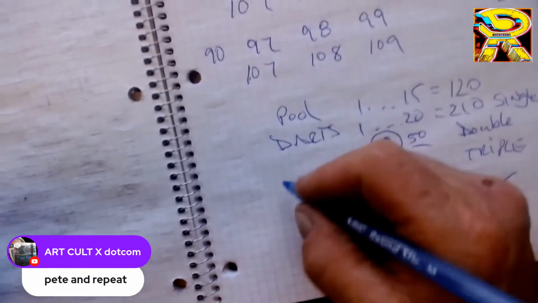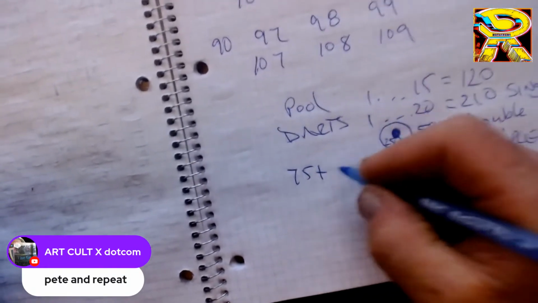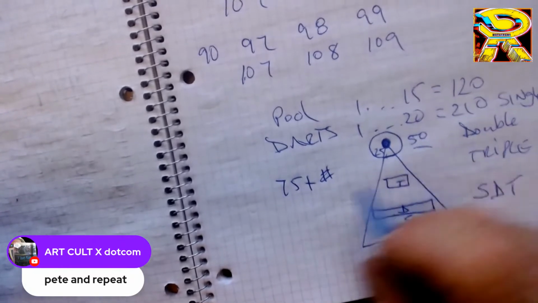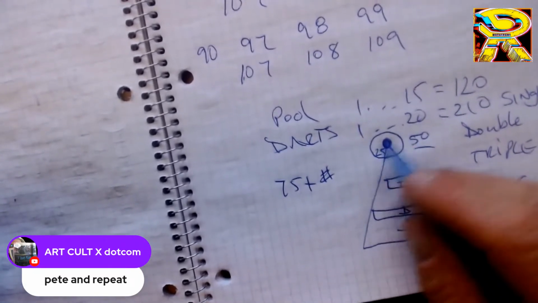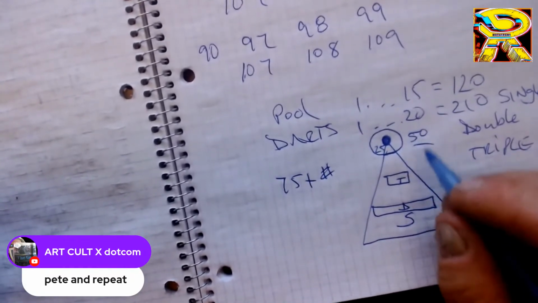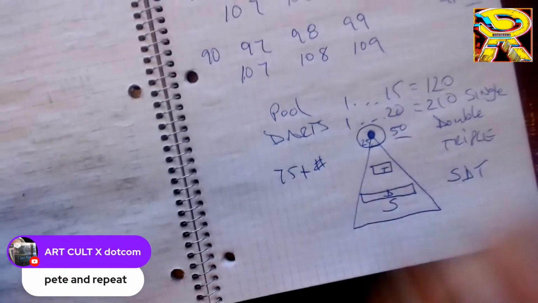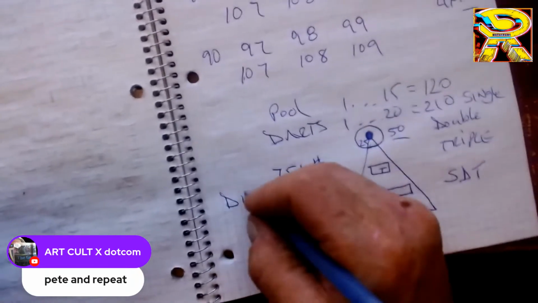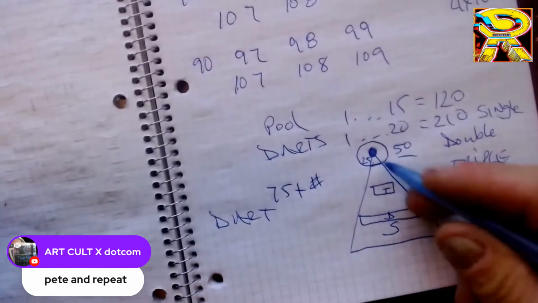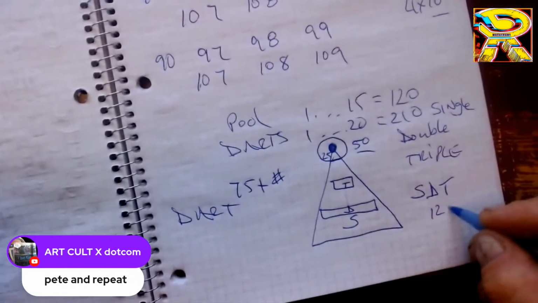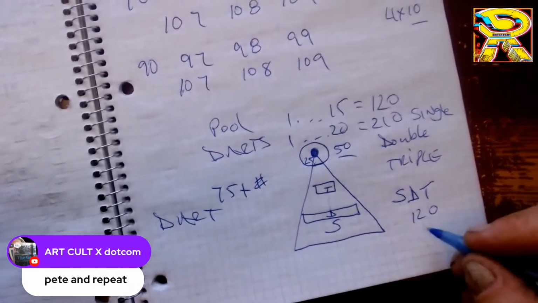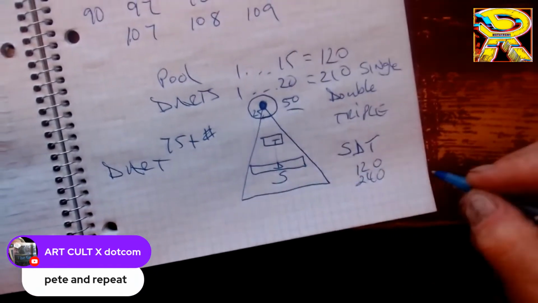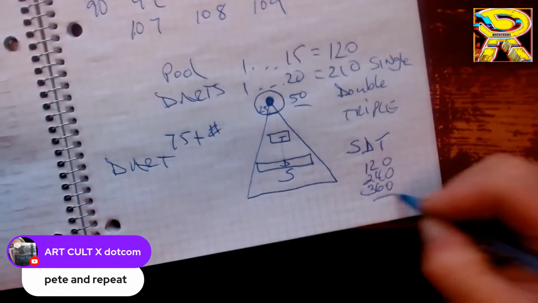So everybody is connected with 75 plus the number to start off. Everybody is connected with this number over here, and all zeros equal 6, which is the flesh going through the heart, the dart itself. So since you have doubles and triples, you have 120 for a single, 240 for a double, and 360 for a triple.